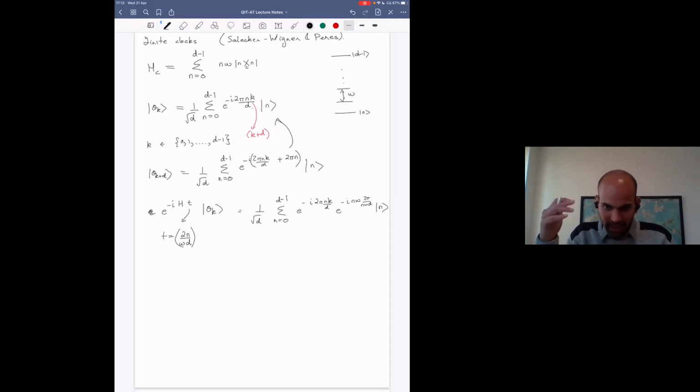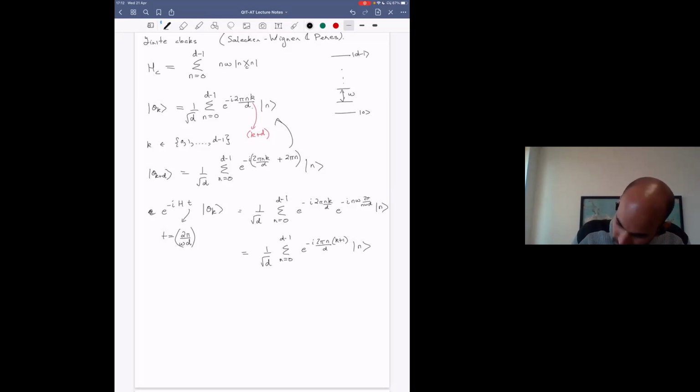So each energy eigenstate just acquires this phase, and this simplifies very simply to e to the minus i 2 pi n over d times k plus 1, because the omega cancels, and so you just have k plus 1, which by definition is theta k plus 1.